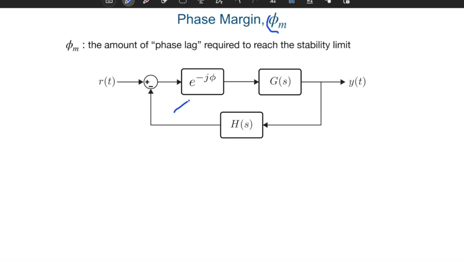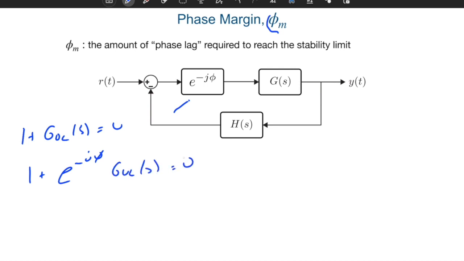That's the whole point. Let's remember the original characteristic equation: 1 plus GOL(s) is equal to 0, and for each s that satisfies this equation, we have a pole of the system. What I do is add a phase lag to the system: 1 plus e to the power minus j phi, which is a complex quantity with a magnitude of 1, times GOL(s) is equal to 0.